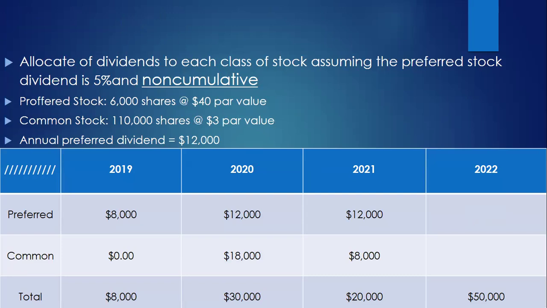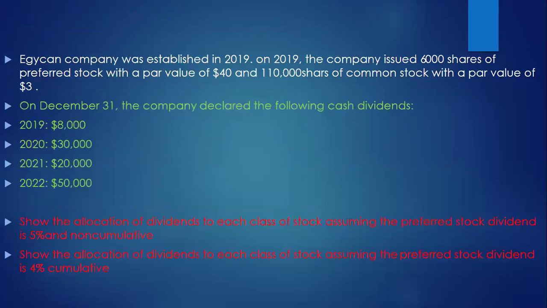Let's say in this year, you're going to assign 8,000. When are you going to do it? Not on the payday. Definitely not. You're going to assign it on the announcement day. So on that day in 2019, whenever they announce to distribute this money, you're going to do your entry.